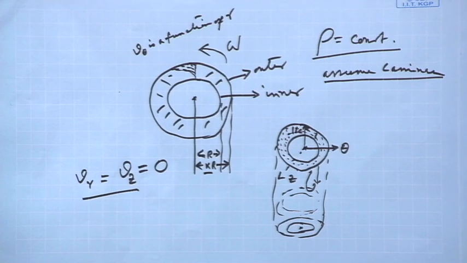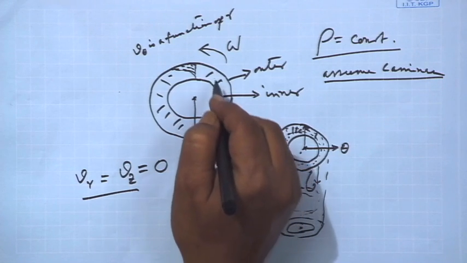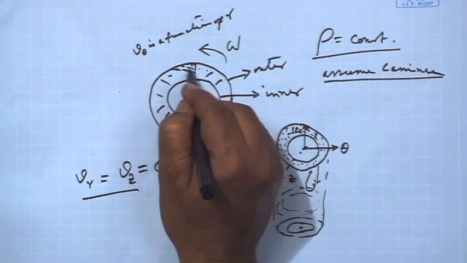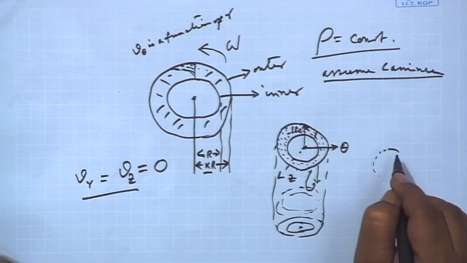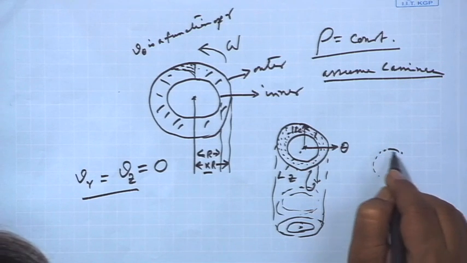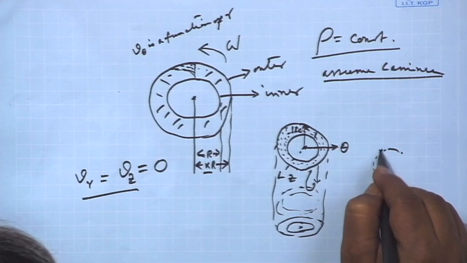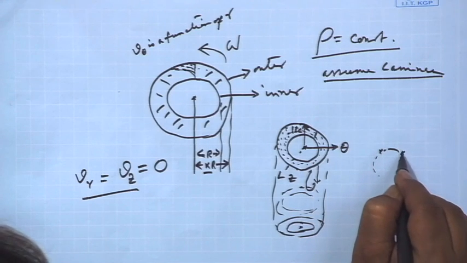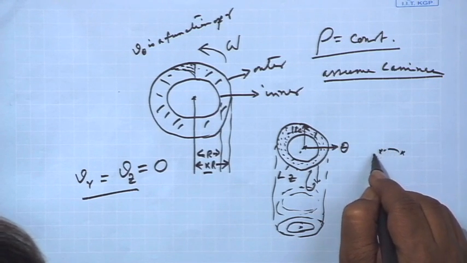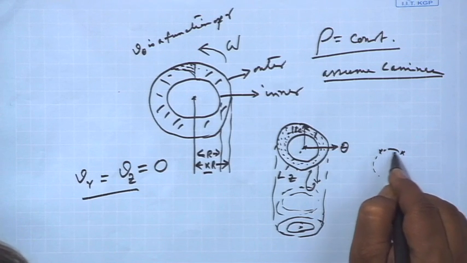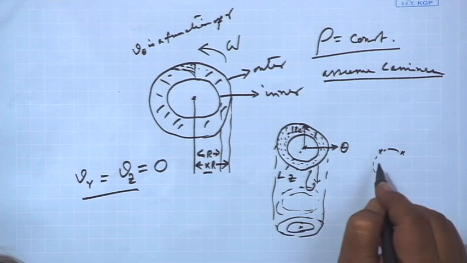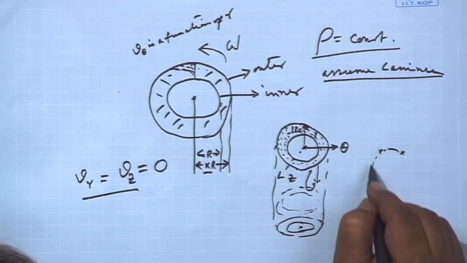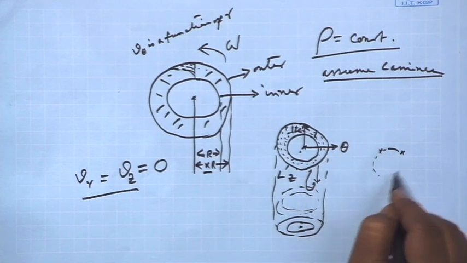And also here we must say that since this is moving like this, one is not going and mixing with that one. So there is no velocity component in the theta direction also. This is the theta direction.